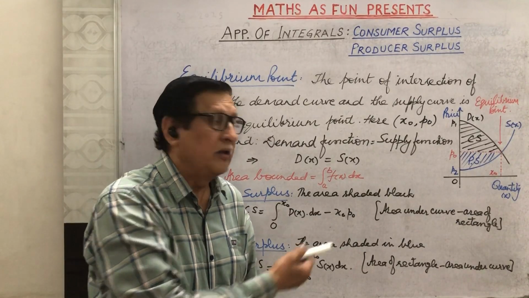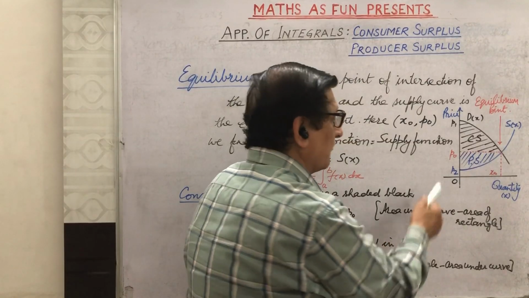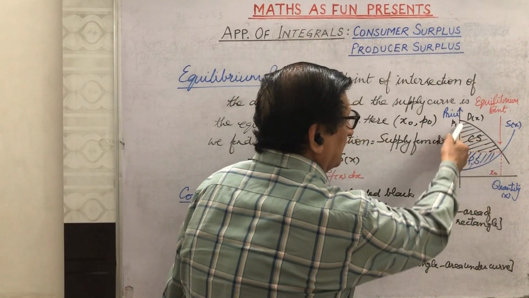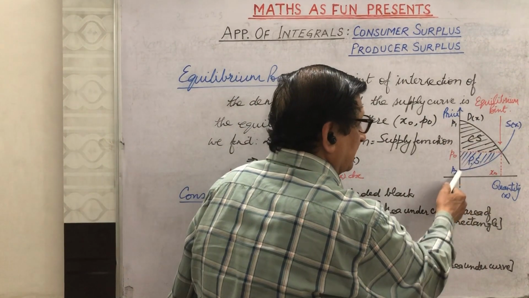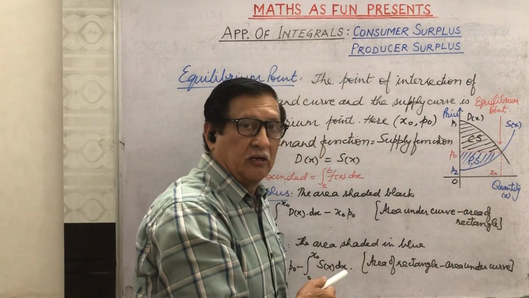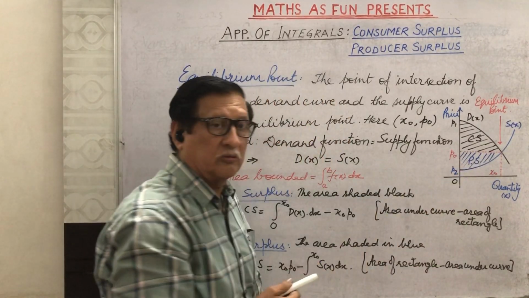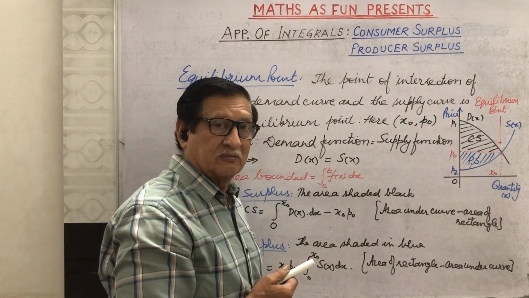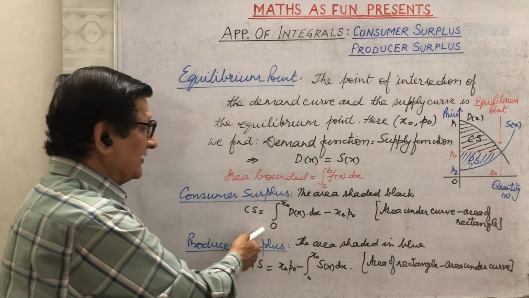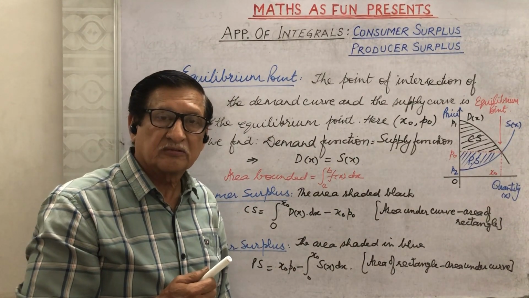What is that? We are finding the area under the curve d(x) from 0 to x0, that will give the complete area. From this area we subtract the area of the rectangle, and the area of a rectangle we know is length into breadth, that is p0 into x0, or x0 into p0. So we write this formula for finding the consumer surplus.